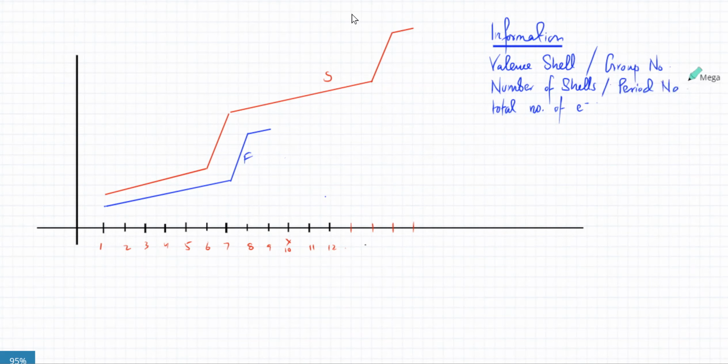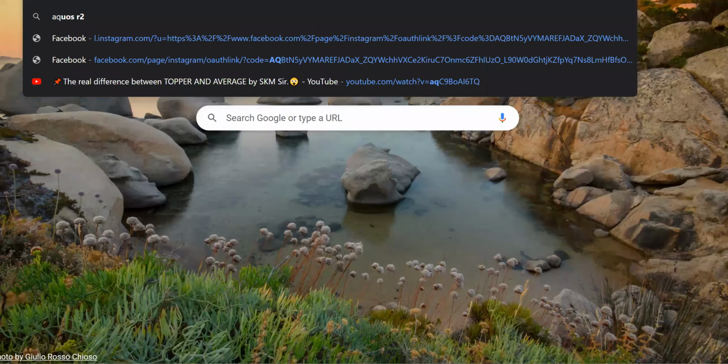So if you're given this diagram and you're being asked to identify this element, you know that's shell number 3, and it's got 6 electrons in its valence shell, so it's group 6. So it's group 6 and period 3. All you have to do is open the periodic table.